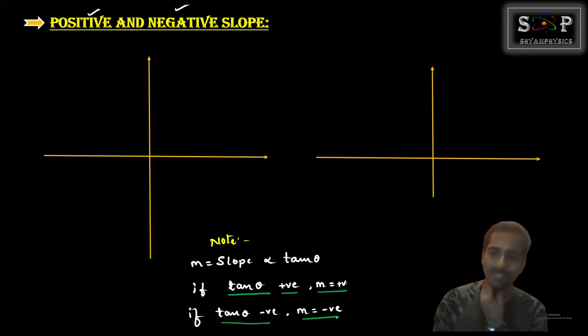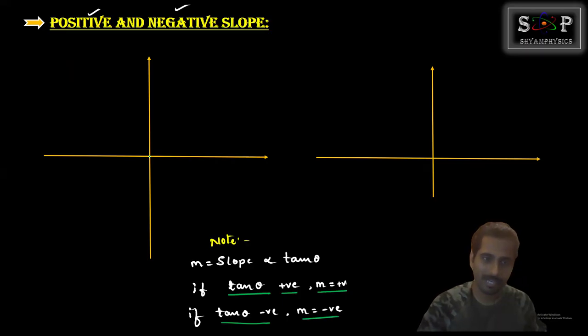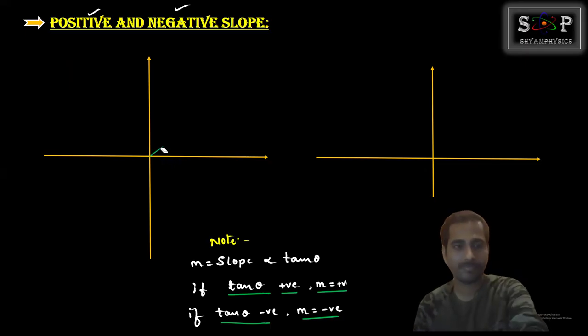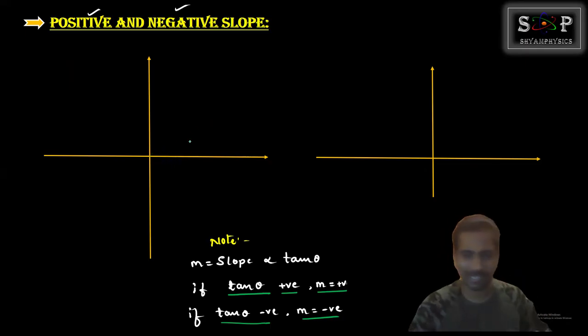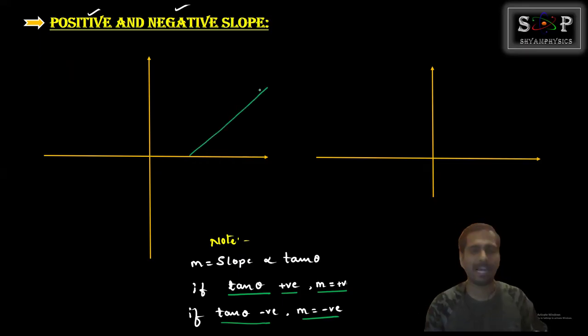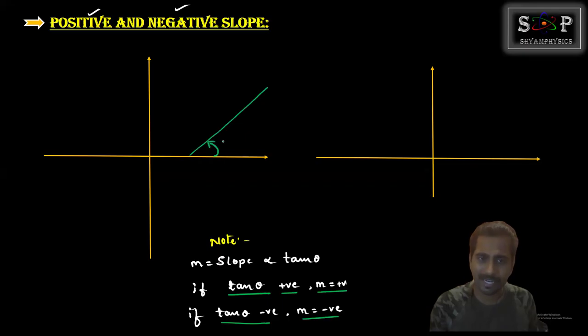We know the four quadrants also. In the first quadrant, all are positive. For example, I'll just take an example and write a random line, because I'm not going with any graphs here. With respect to the x-axis, it creates an angle theta here.